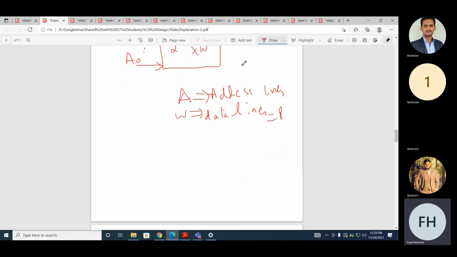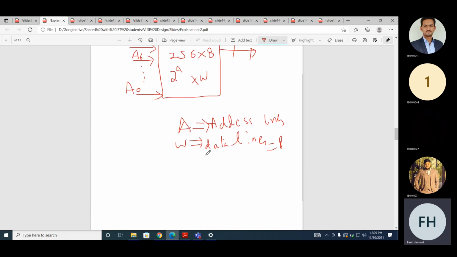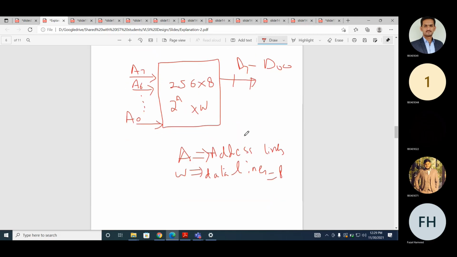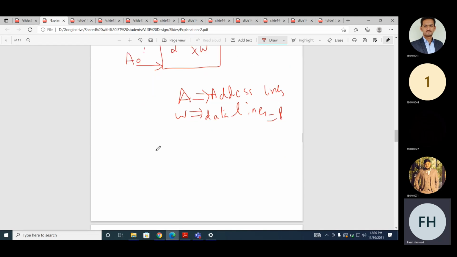This EAB will be treated as a memory. It can store 256 locations, each of 8 bits. It can also be configured in another mode, and that mode is 512.